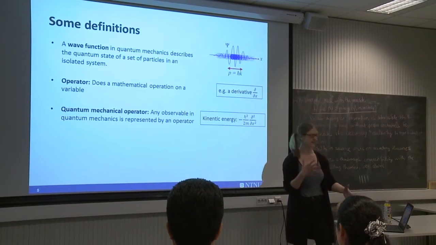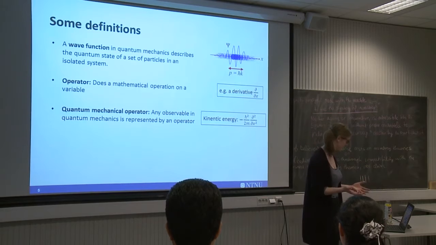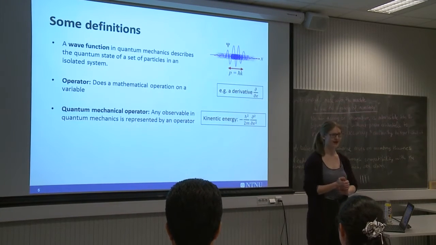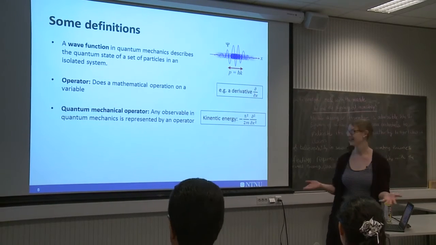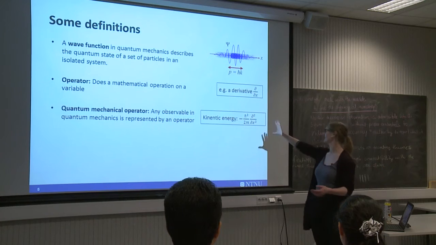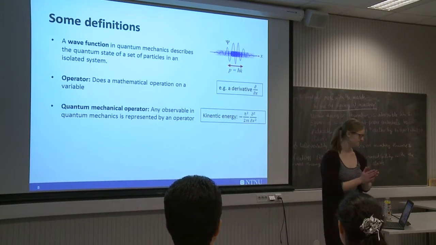And in quantum mechanics, any observable, anything you can physically measure, is represented by an operator. So for example, the kinetic energy. In quantum mechanics, the kinetic energy is written something like this. So it's something, something, and then a derivative, right?